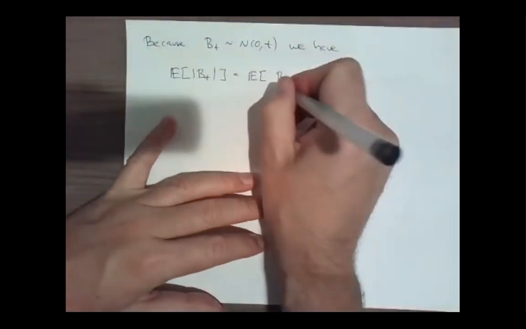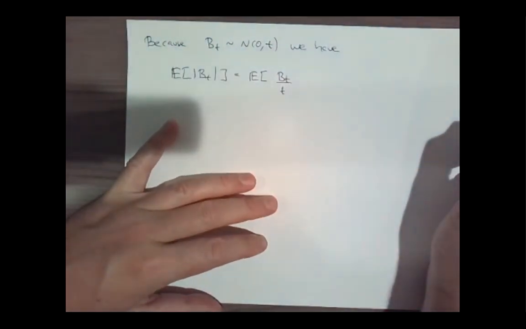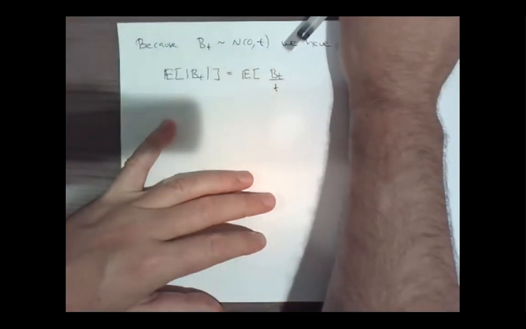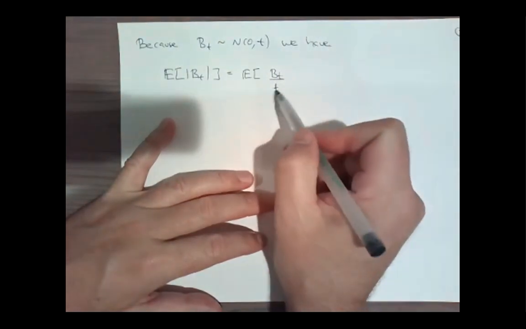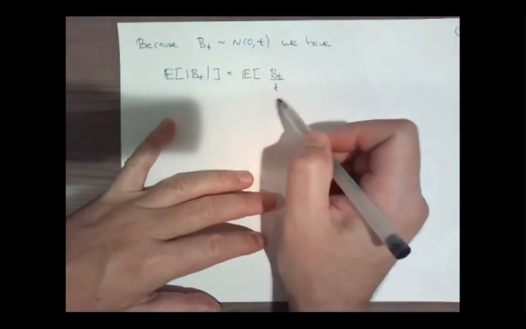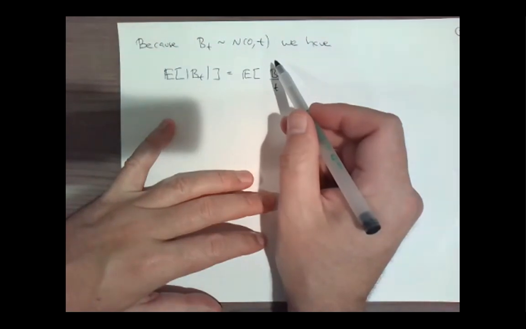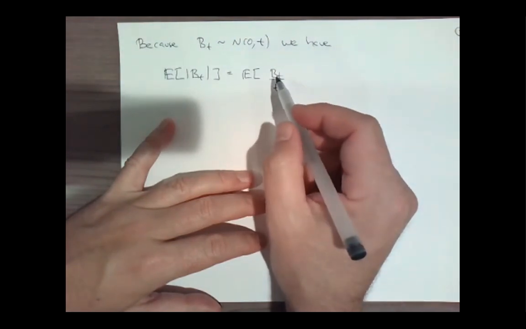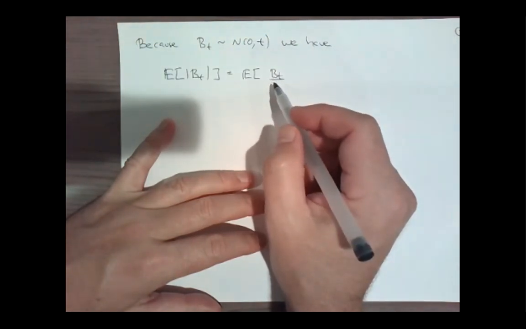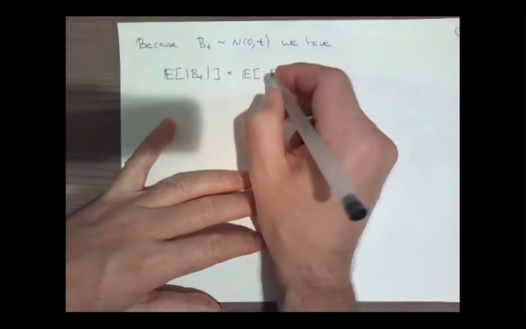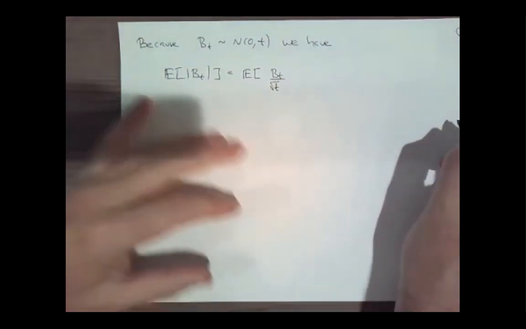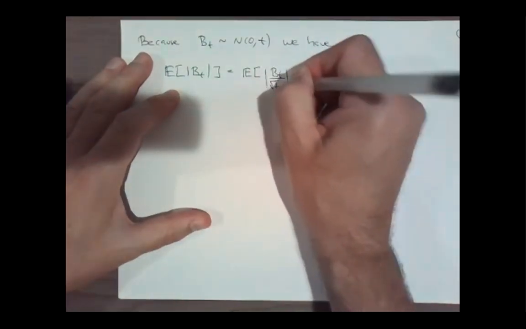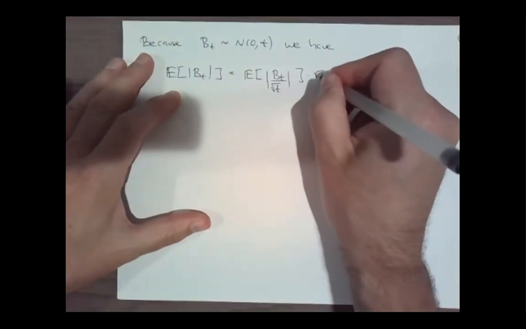T? Is that right? If I want something that is standard normal, should I divide by t or by something else? Should it be square root of t? Yes, right. So I'll do this, and then I have to multiply by the square root anyway.